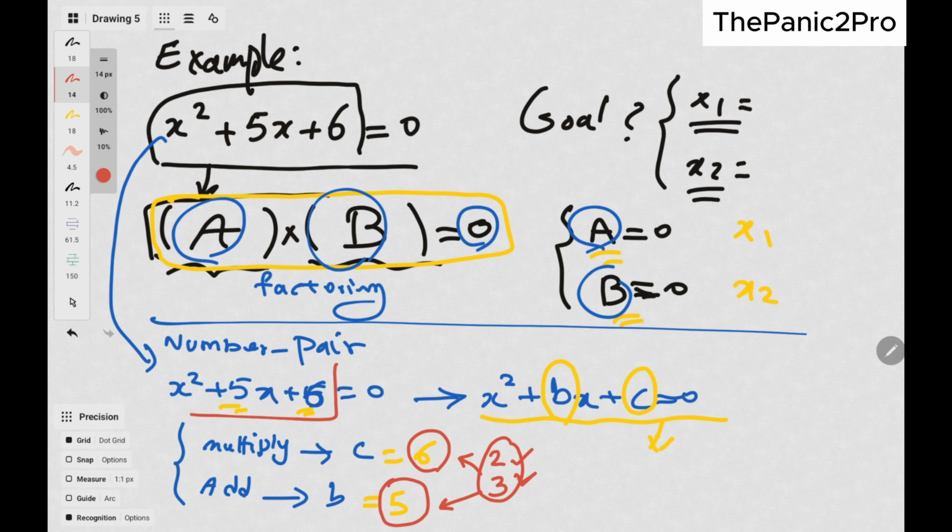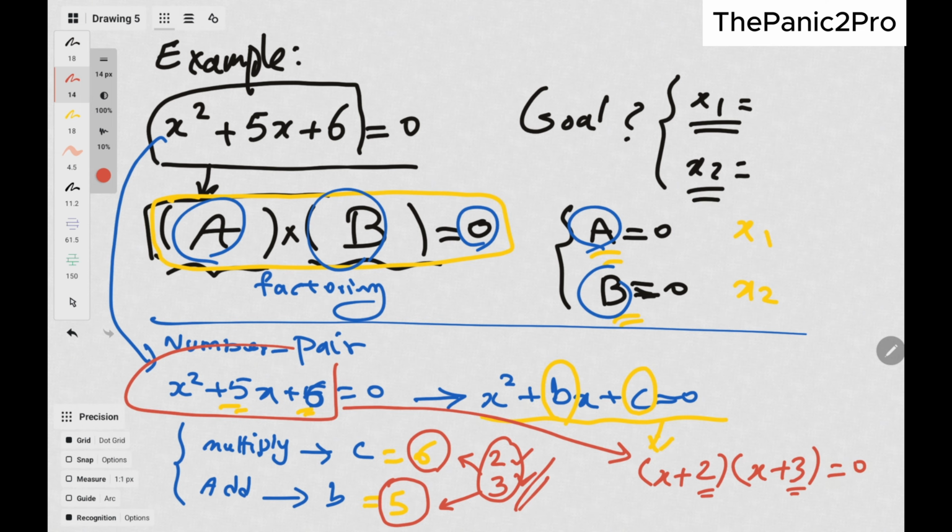Now I can transfer this into x plus 2 times x plus 3. These are the same numbers that I found. Basically, these two numbers are whatever, if you multiply them, you get c, and if you add them, you get b.